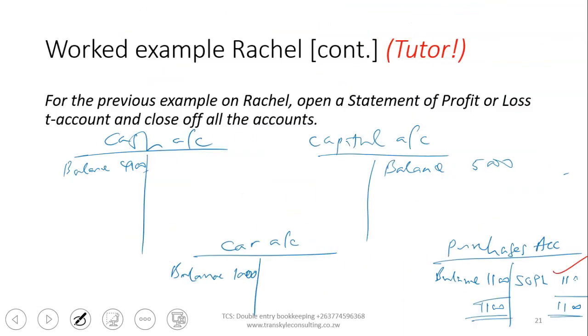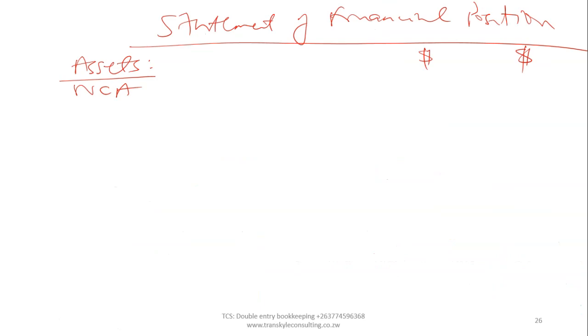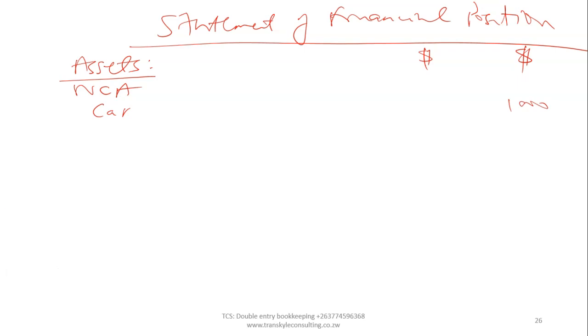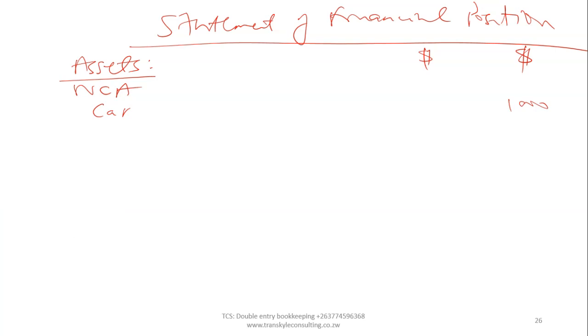We are just using this information, ladies and gentlemen. We've got a car for $1,000. I should have written car here and said $1,000, so let me erase that one because I have to teach you the right thing. Now we have got current assets.